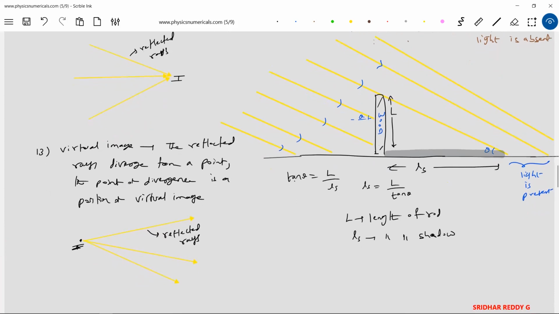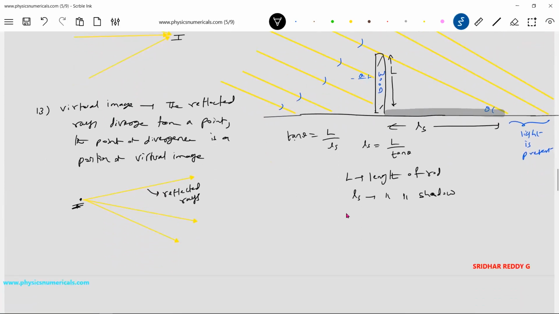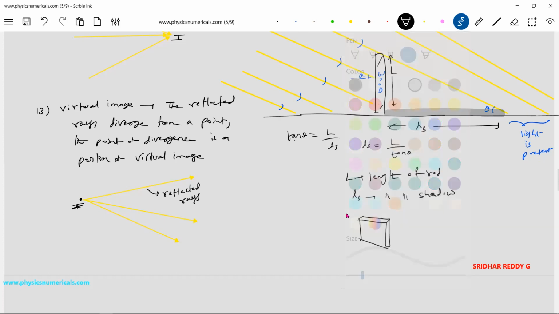Not only this rod, we can go for other examples. I'll take a certain wooden lamina and place it, with some other color.